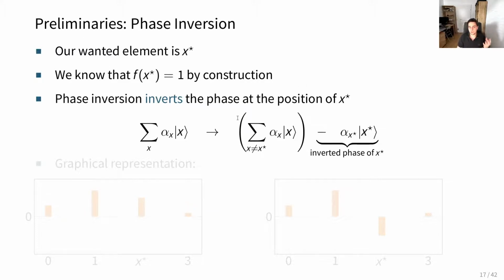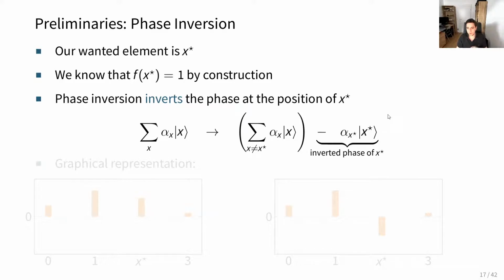Okay, so phase inversion inverts the single phase. What does this mean? We have this input, where we have the weights alpha and the states x. For every state x which is not our wanted state, alpha x just remains the same. Nothing changes. However, at the state x star we are looking for, we invert the amplitude alpha.